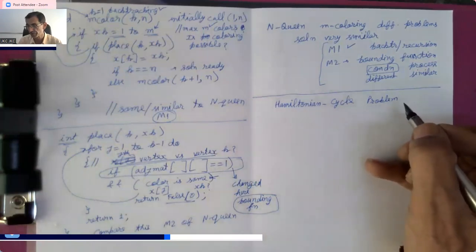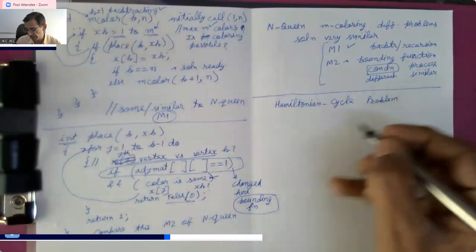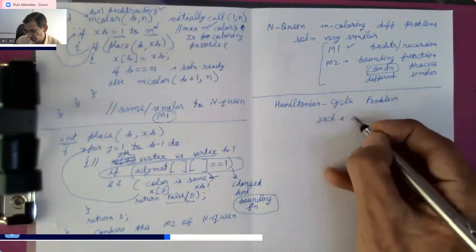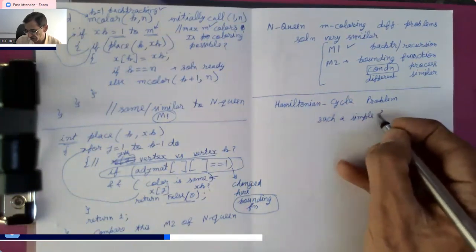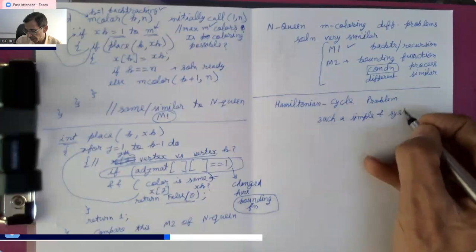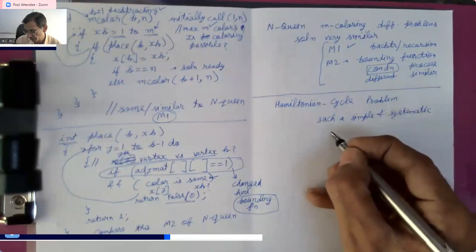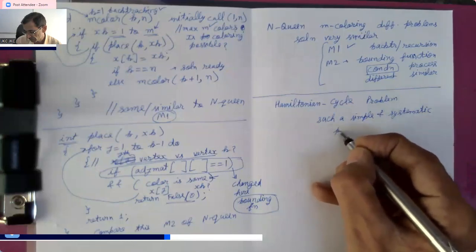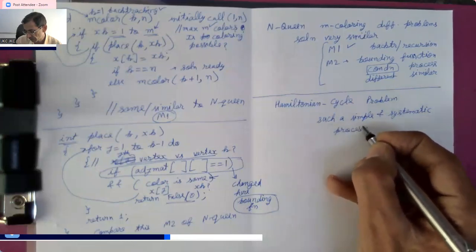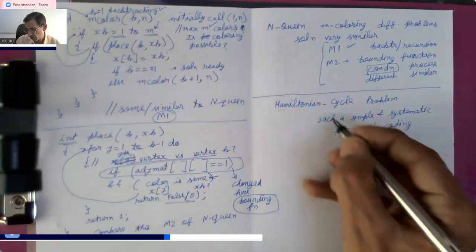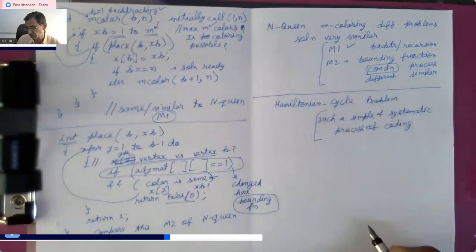And that's the beauty of today's discussion: recursion and backtracking, such a simple and systematic process, that exponential processes get easily solved. Even if you have exponential permutations, all that can be systematically solved without much of a problem.